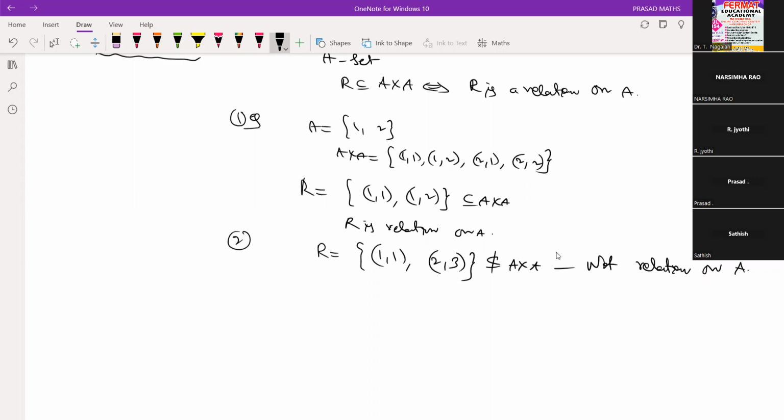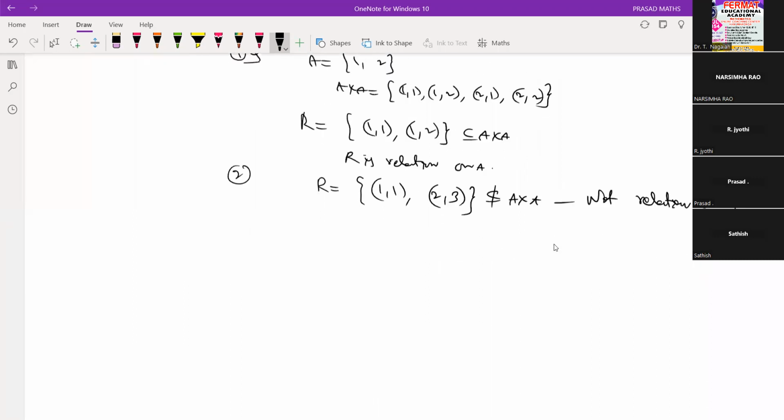Next, on a relation on a set, there are many types of standard relations. So first, the types of relations on a set. First one is reflexive relation. What do you mean by reflexive relation? Take a set.